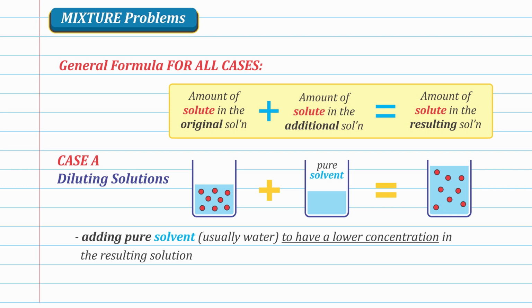Well, we can, as I said, almost taste that the original is more salty than the result. Well, if you know what I mean. Thus, by adding pure water to a high concentration of salt, we can produce a less salty or lower concentration of salt solution. This is what we call diluting solution, and that is case A.